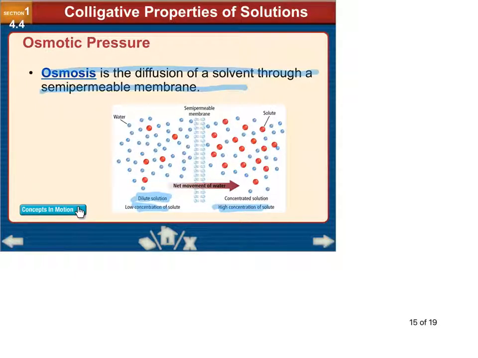On the other side we have a high concentration, or concentrated solution. And the water is trying to move through from low concentration to high concentration. It's trying to equalize the concentrations. So moving from here to here is going to raise the concentration over here and lower the concentration over here.